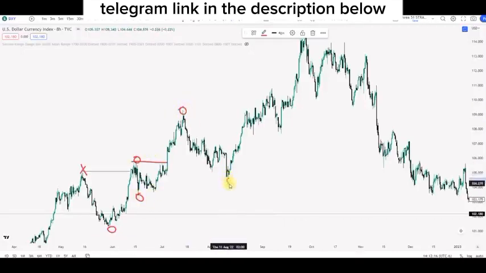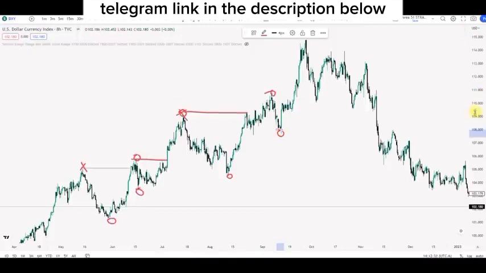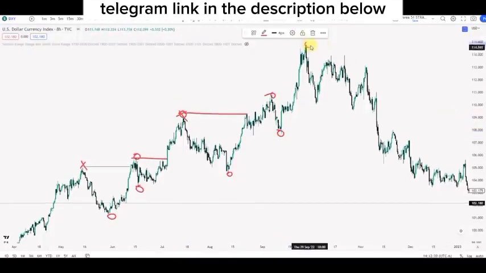Now we have another higher low and a break of another structure. Okay, so once we have this another break of a structure, we have a higher low led to another higher high, broke the structure. Okay, now we have another higher low led to higher high.